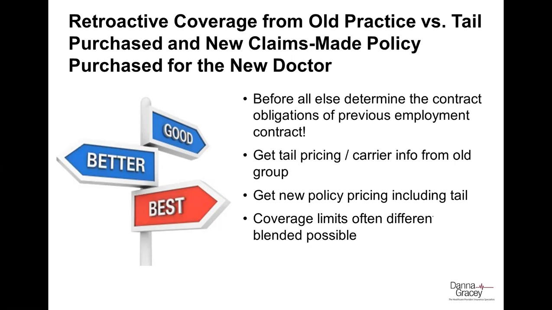And so we were able to get the carrier in this instance to do a blended rate for covering the retroactive exposure in Chicago at the 2 million, 5 million limit, and then having a new policy. In this case, it was a $500,000, $1.5 million limit that the group wanted the doctor to carry in Florida. And so we did a blended rate.